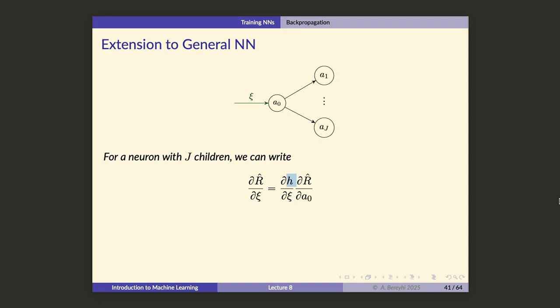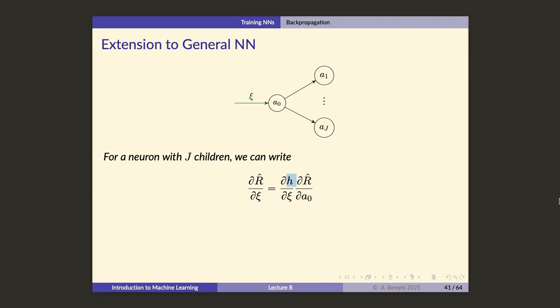And then, of course, this guy is something that you can always compute directly from your forward expression, right? And the other thing, the derivative of the loss with respect to a0, is something that you can write down in terms of the children. How can you write it down in terms of the children? If I want to compute now the derivative of the loss with respect to a0, how can I do it on this network?